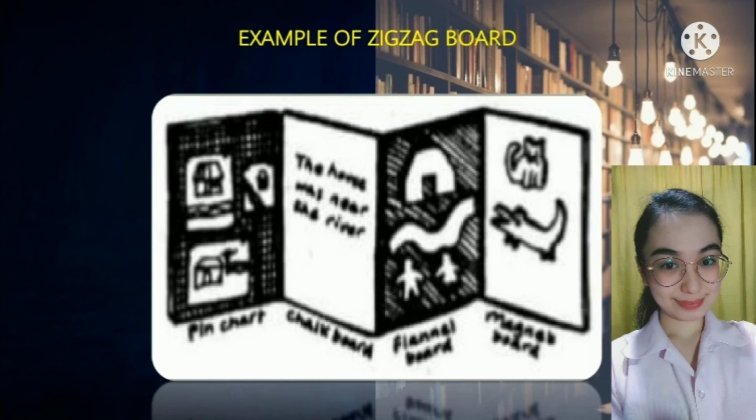Pwedeng sa first board natin is gagawin natin itong whiteboard, sa second is chalkboard, then sa third board is flannel board, and so on. Kung size naman ang pag-uusapan, depende naman yan sa'yo kung gaano kalaki yung gusto mo. We can make a big size of zigzag board na pwedeng makita ng lahat ng students, or pwede din naman na pa-book type na kasing laki ng libro.